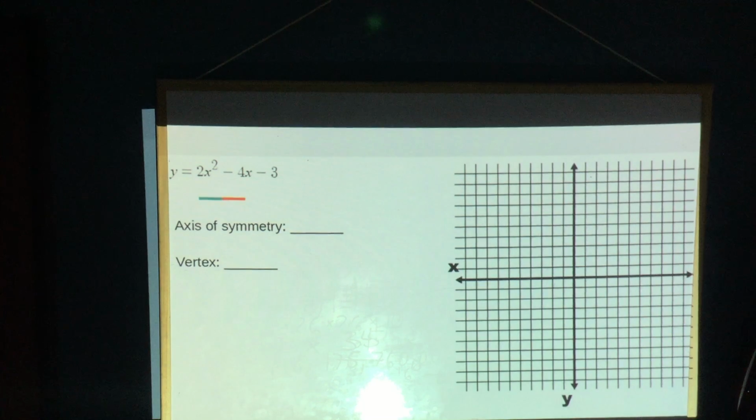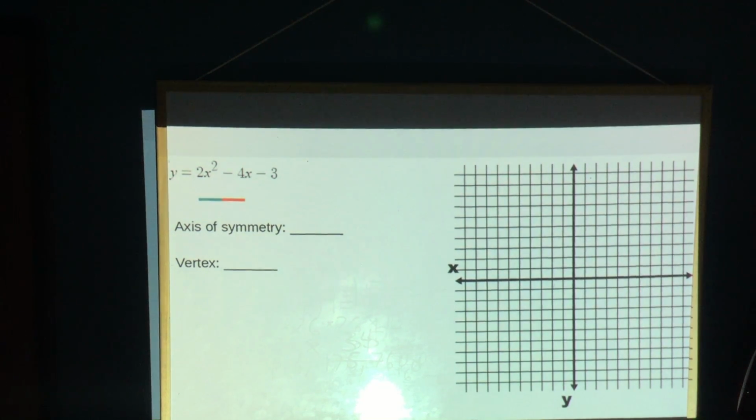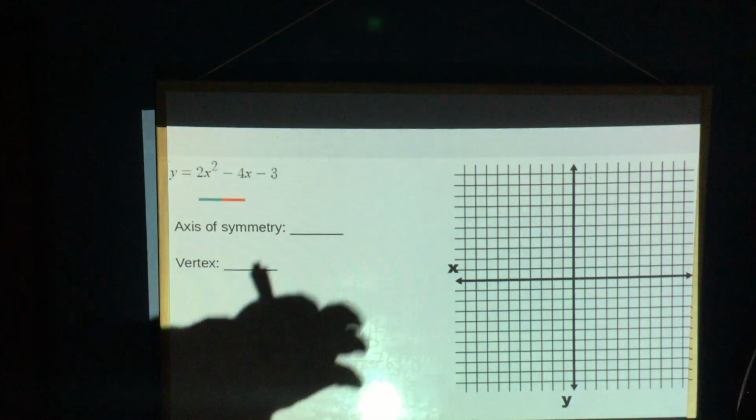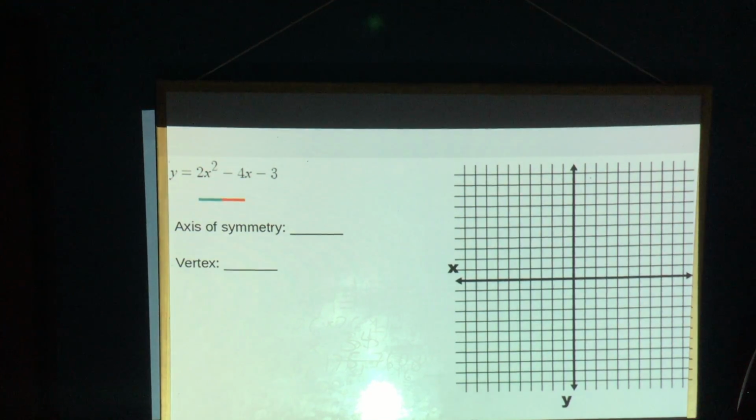All right, we have y equals 2x squared minus 4x minus 3. I've divided these problems into 3 slides each because I just didn't have enough room to write all this and do some math. It's tight as it is anyway. So hopefully this will work. Best I can do here. Let's see.